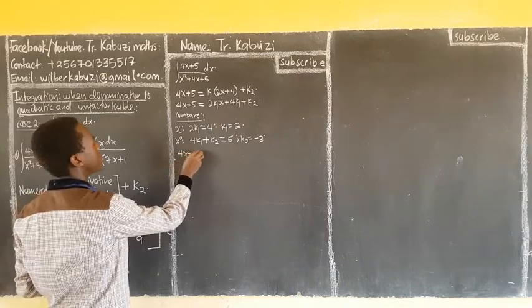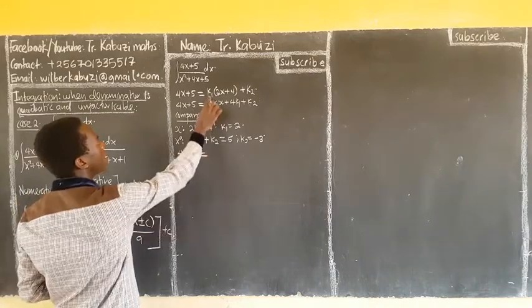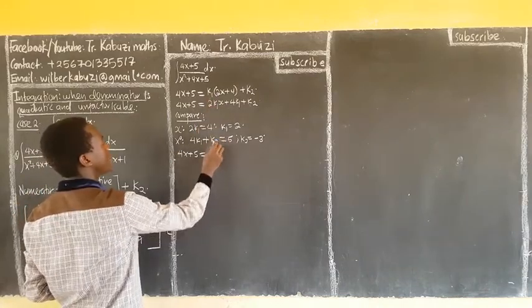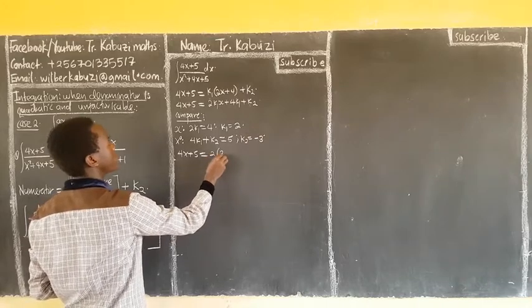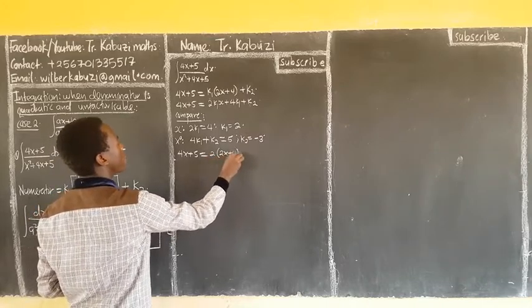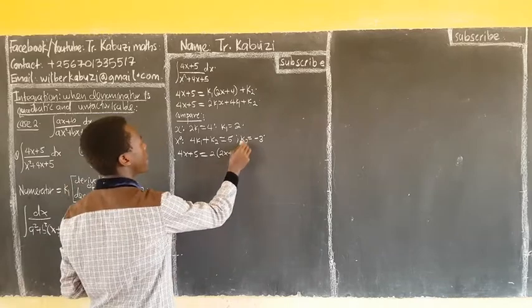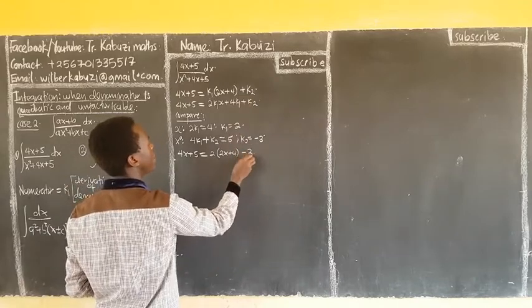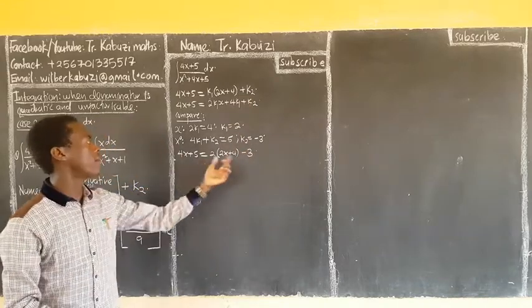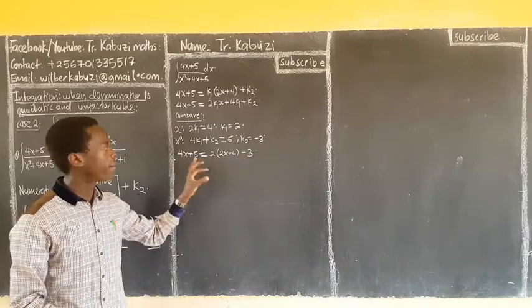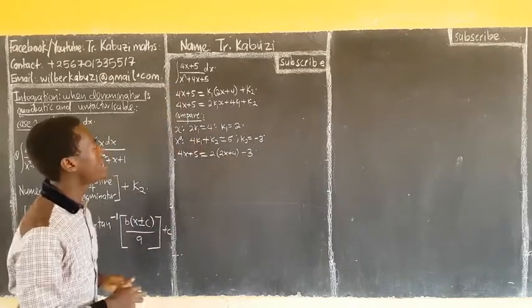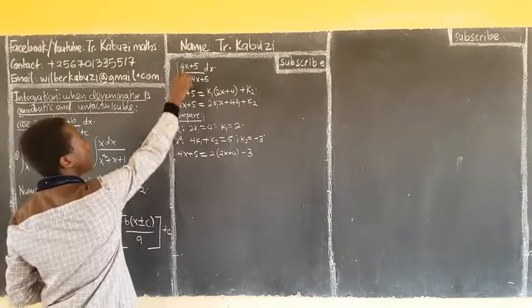Meaning that the whole of this numerator, 4x plus 5, will be equal to k1, which is 2, times 2x plus 4, then k2 is negative 3. Don't simplify, because if you simplify, you are going to get this back. Just get this and drop it into this formula.